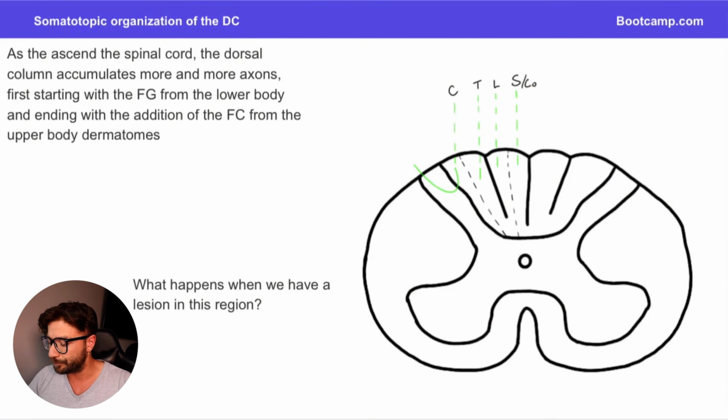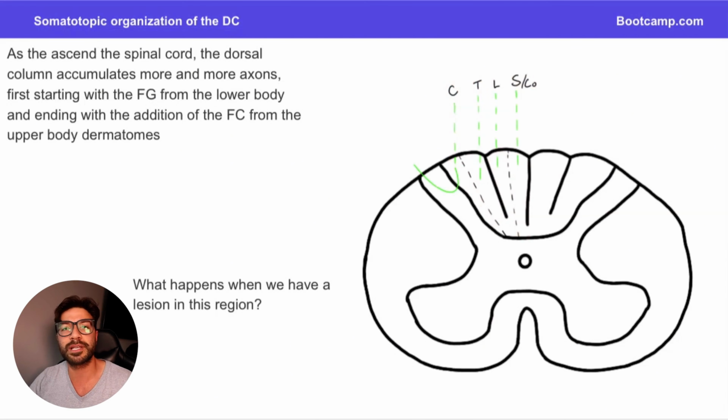Starting medially, this is where we're going to carry information from the sacral and coccygeal spinal nerves. As we move one column over, we're still in the fasciculus gracilis, but this little section will carry information from the lumbar spinal nerves. And then we have our thoracic section right here, as well as our cervical section right here.